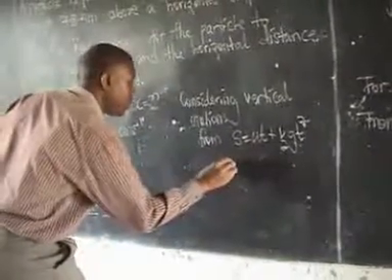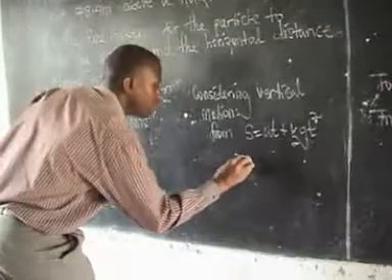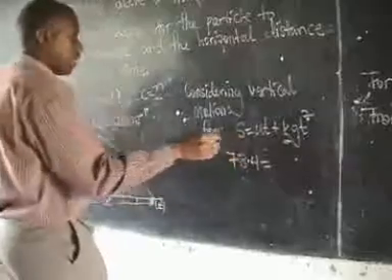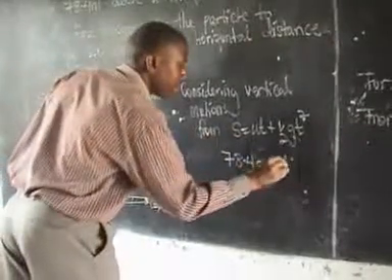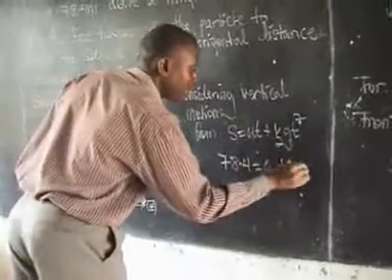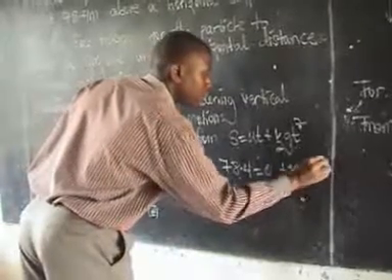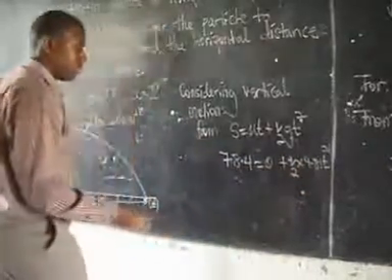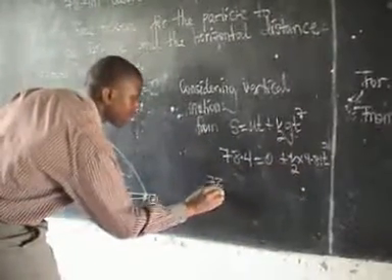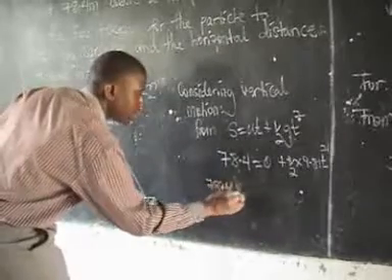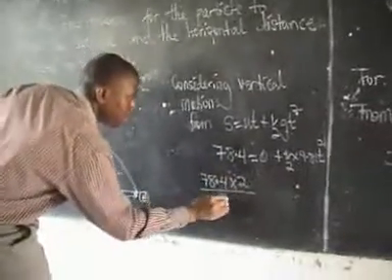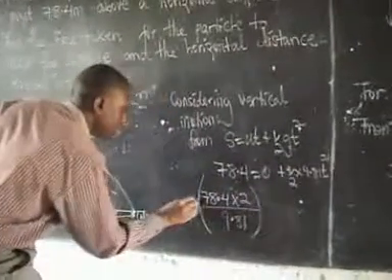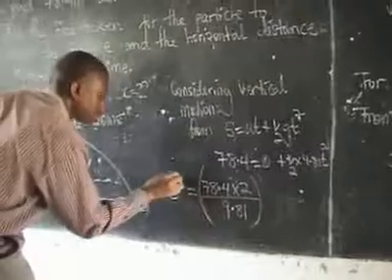So we shall have our y, which is 78.4. The initial velocity along the vertical is 0. So plus a half times g, 9.81, t squared. We are now having the task of making t the subject. So we shall have 78.4 times 2 divided by 9.81 is equal to t squared.